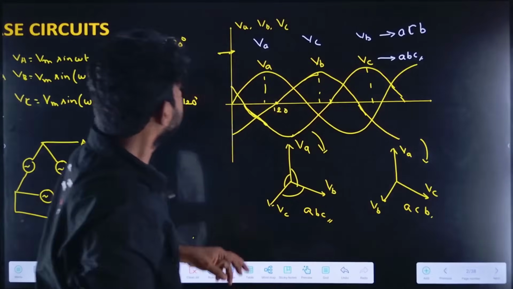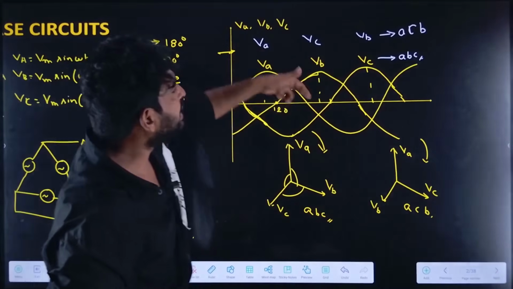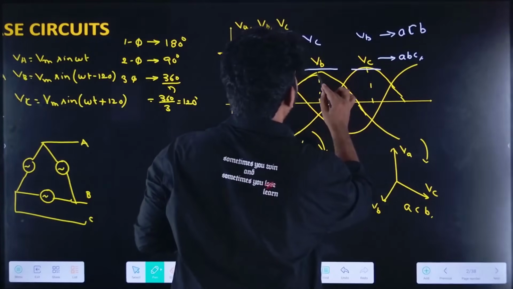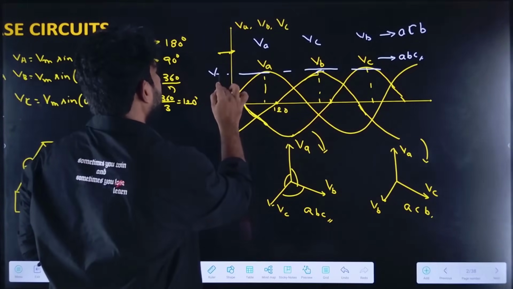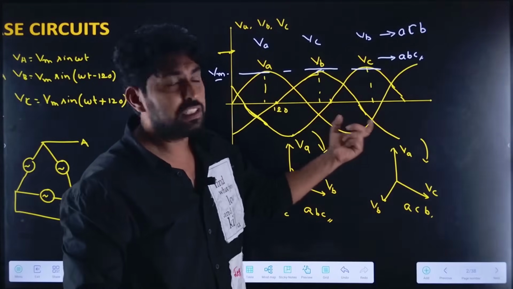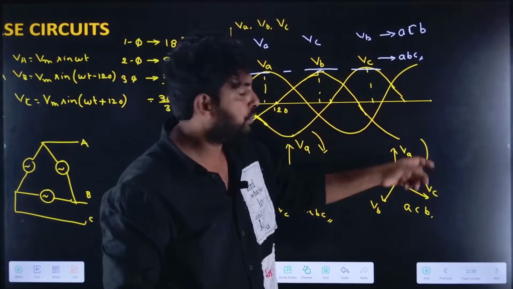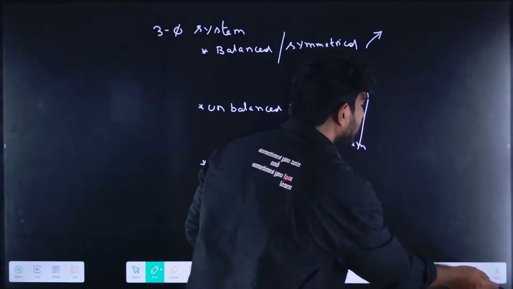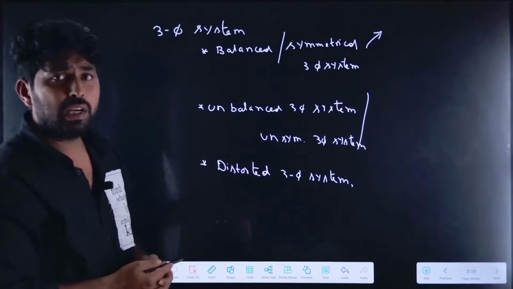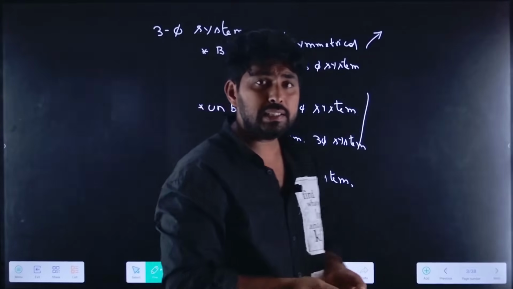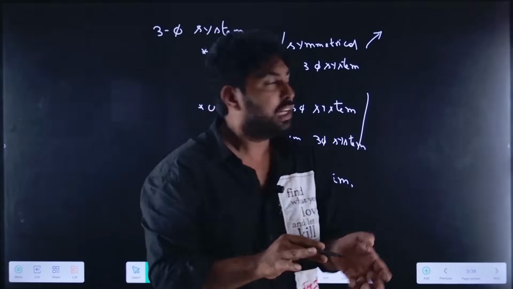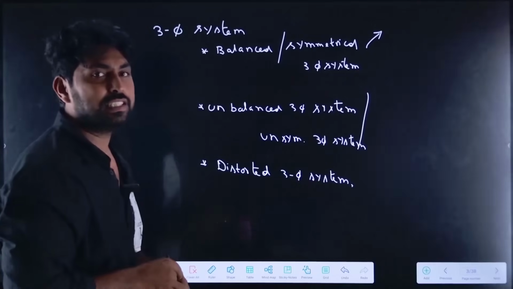All three phases have the same magnitude, so the maximum value of all three phases is the same. The phase displacement is 0 degrees, 120 degrees, and 240 degrees, so in between it is 120 degrees, and the voltage magnitudes are also the same. So it is called a balanced system.